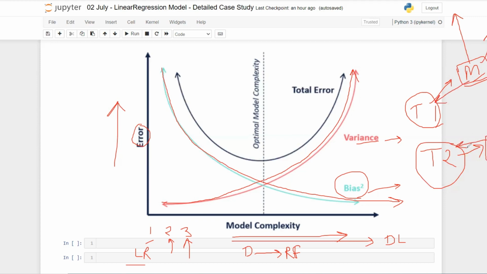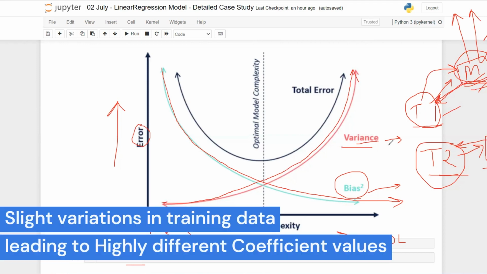This model might have overfit on this training data, but on this data it was not able to perform well. So ultimately, it was not the model that was good, but the data based on which it gave good predictions. That is not a good model. It is not a generic model. It's a very specific model, specific to the training data. So what is variance? As you vary the training data, the model will vary. That is variance.